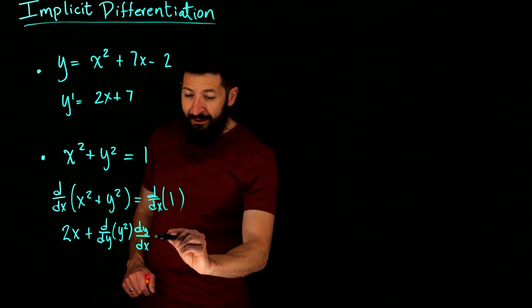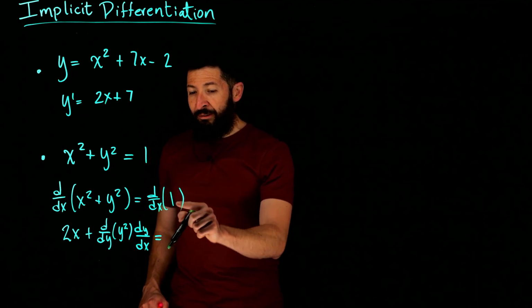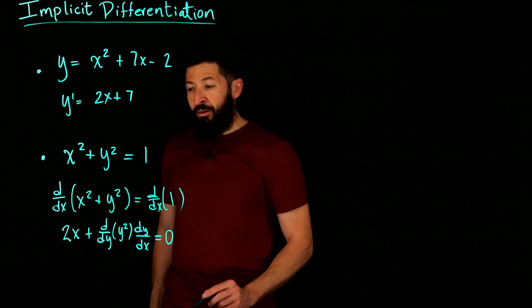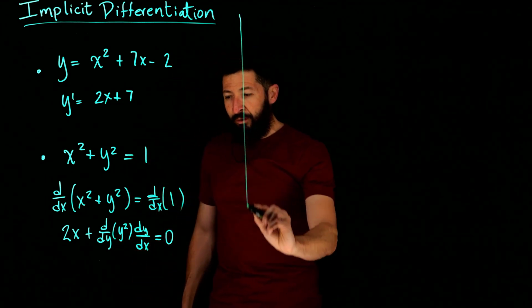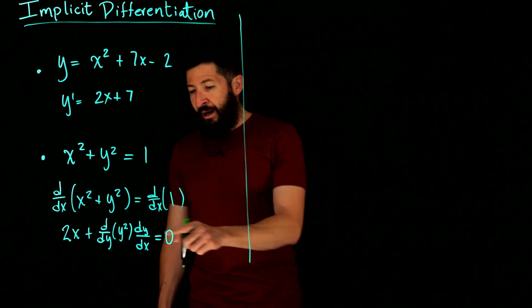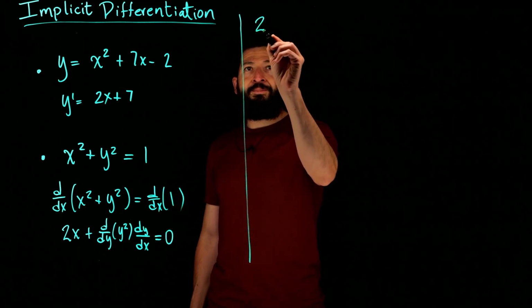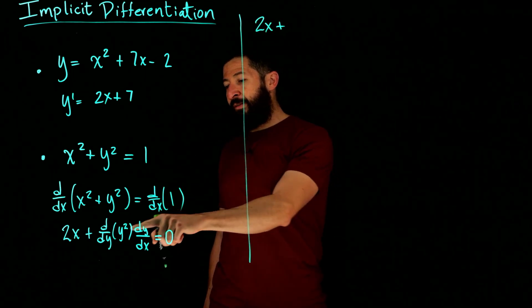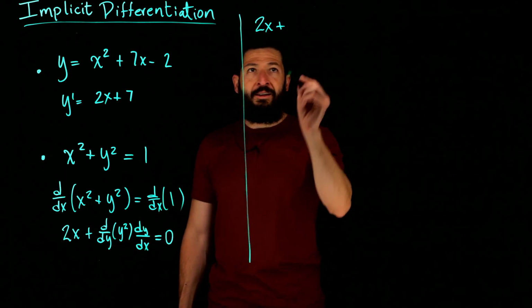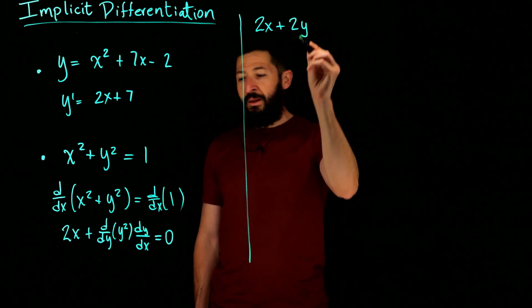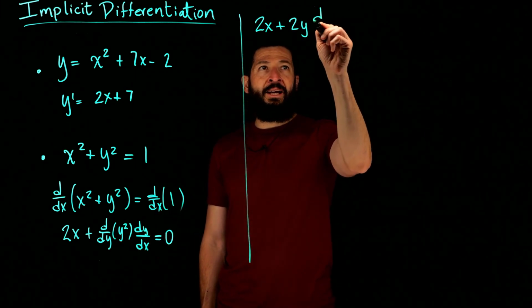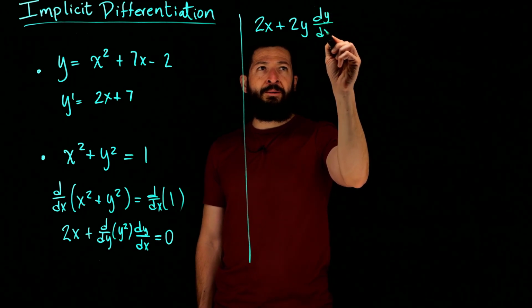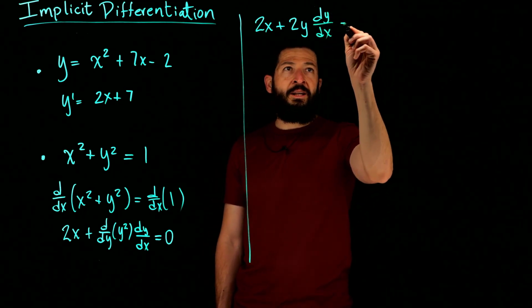So when you do that and continue to take your derivatives, derivative of 1 is 0, you can then compute dy by dx by computing this derivative. Derivative of y squared with respect to y is going to be 2y times dy dx, that one I cannot do anything about, equals 0.